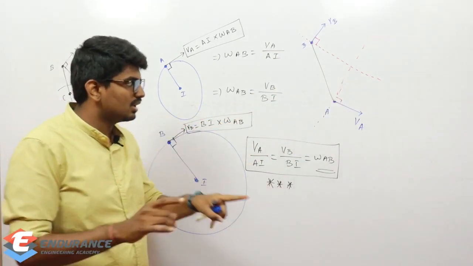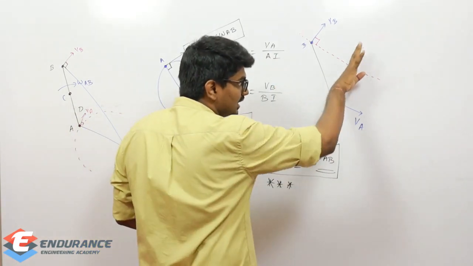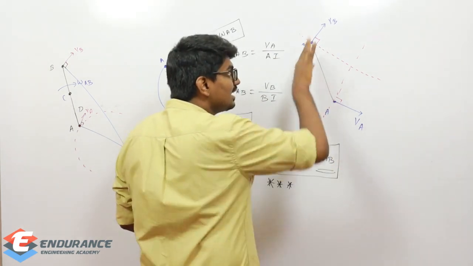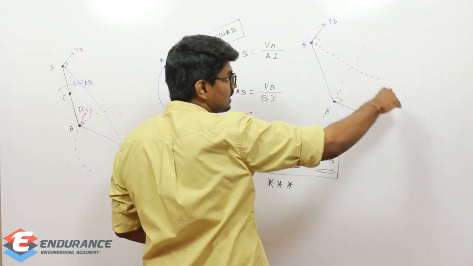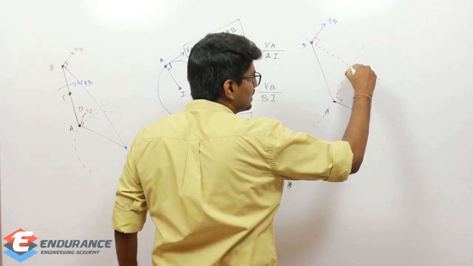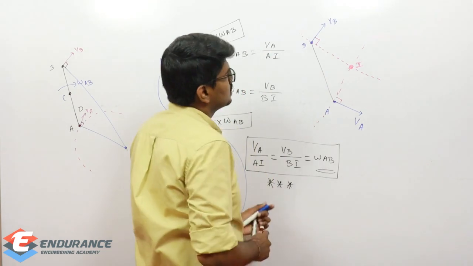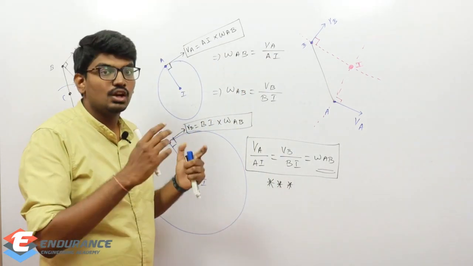Why? Because the instantaneous center should lie on the line perpendicular to VA, and also on the line perpendicular to VB. So the only possibility is at the intersection. So this is our instantaneous center. This is how you need to find it.